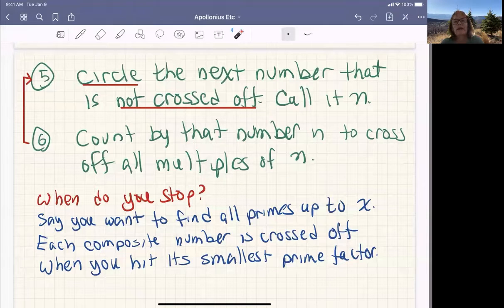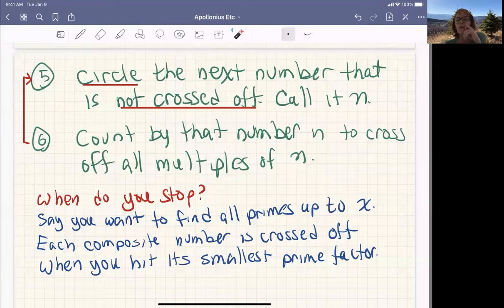Now, when do you stop? So let's figure out when you stop, and then after that, we're going to look at an example of carrying out this process. So let's say you want to find all primes up to a certain number x. Like, for example, I might want to find all primes up to 100.